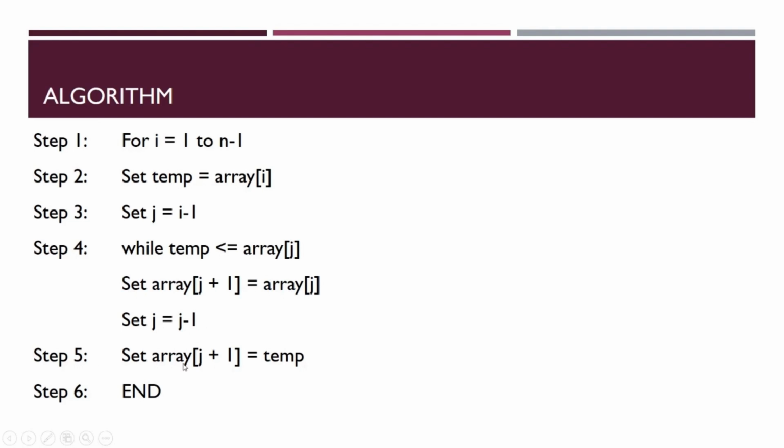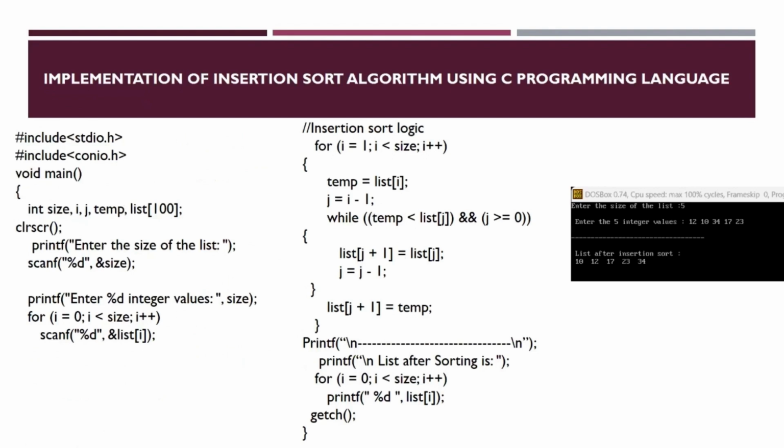Step 5: set array of j plus 1 assigned to temp. Step 6: end. At the end of the steps, we can see the unsorted sublist converted into the sorted portion. Let us see the example, the implementation of the insertion sort algorithm using C programming.